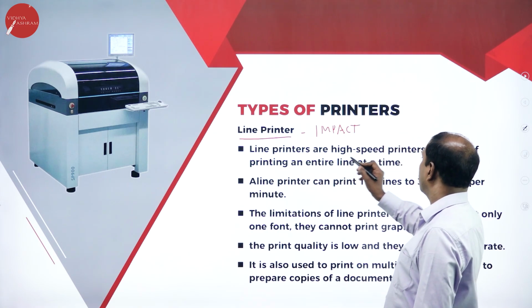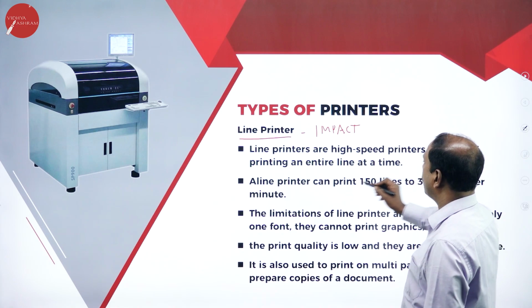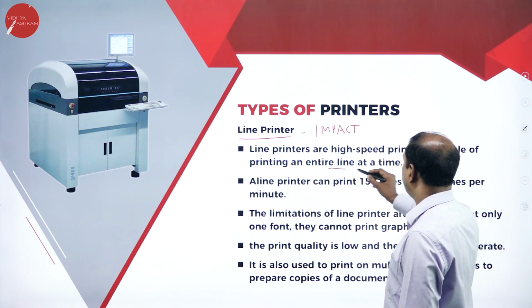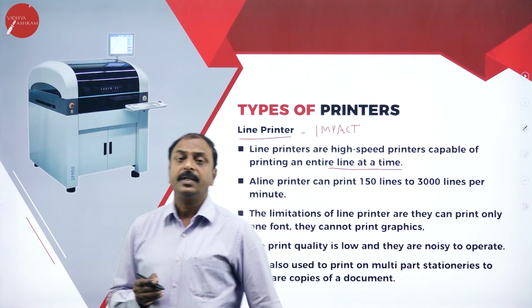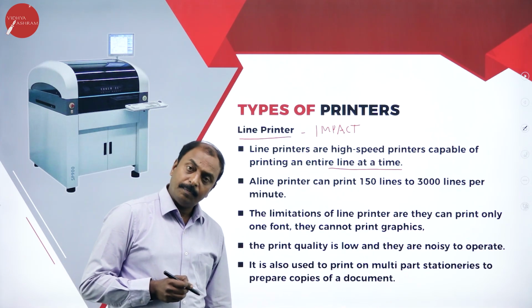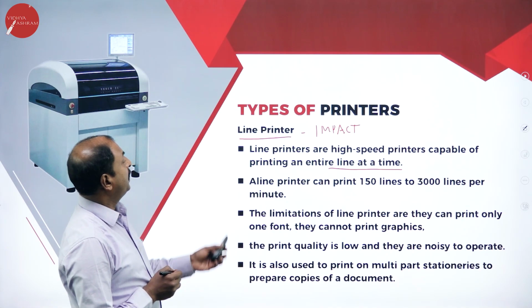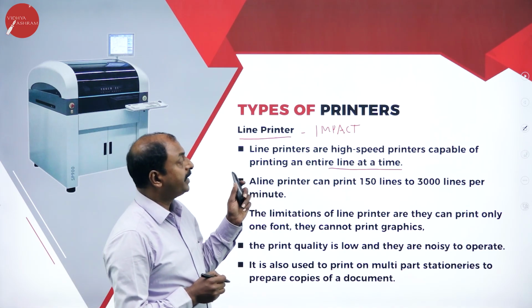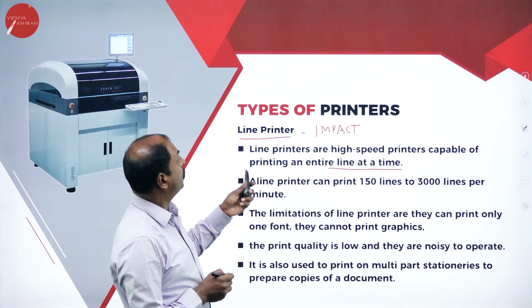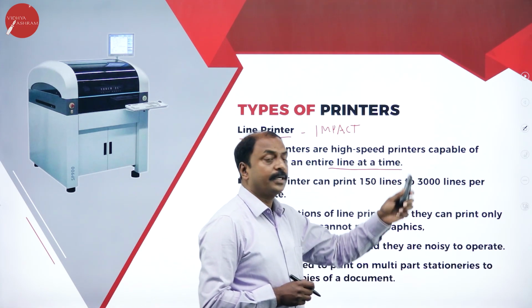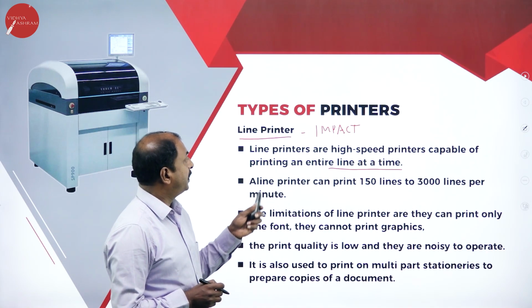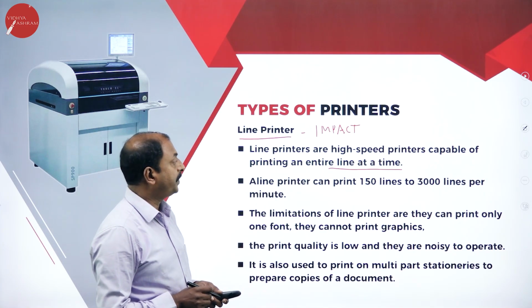Line printers are high-speed printers capable of printing an entire line at a time. Actually, this line printer is an example of impact printers. So in impact printers, there is a striking mechanism. In a line printer, it is going to print an entire line at a time. So that is one of the features of the line printer.